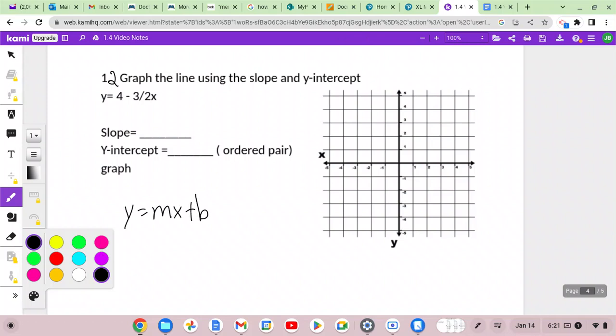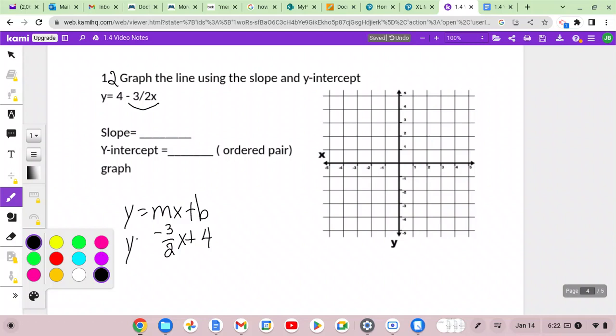I want the x portion to go first. So I'm going to write the negative 3 over 2x. Then I want the 4 to go second because it does not have the x with it. It will go in place of b. The sign in front of 4 is not written, meaning that it's going to be a positive.